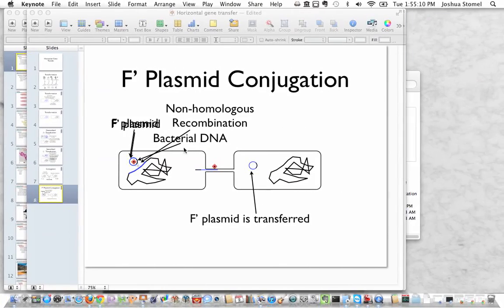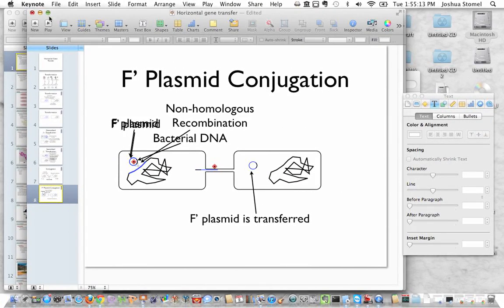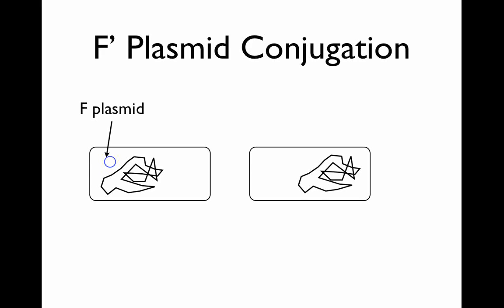Well, let's take a look right here on the last slide of the horizontal gene transfer lecture, and you can see the F plasmid can combine with the host cell chromosome through non-homologous recombination. And when it hops back out, sometimes it can grab a bit of genomic DNA or bacterial DNA with it, and then go through normal conjugation, and it's going to take a little bit of that bacterial DNA with it.